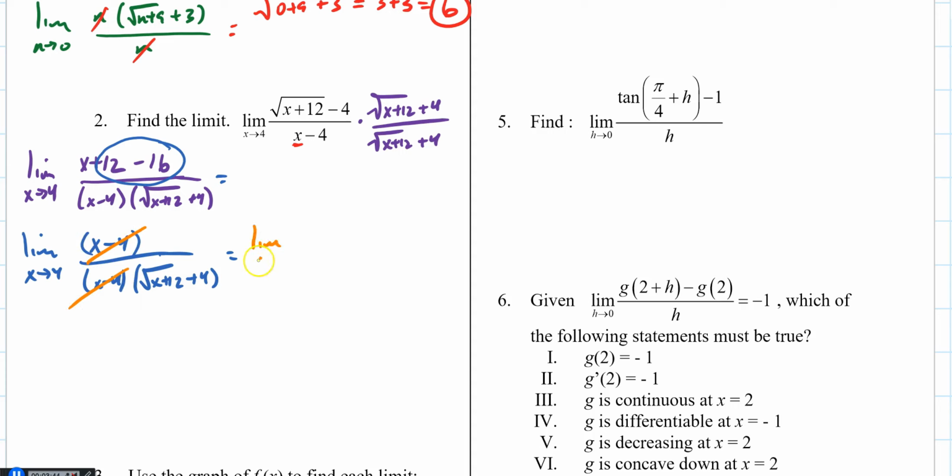I get the limit as x goes to 4 of 1 over radical x plus 12 plus 4. And now we can directly substitute. And we get 1 over square root of 4 plus 12, which is the square root of 16, which is 4, plus the other 4 that we already had, gives me 1/8.